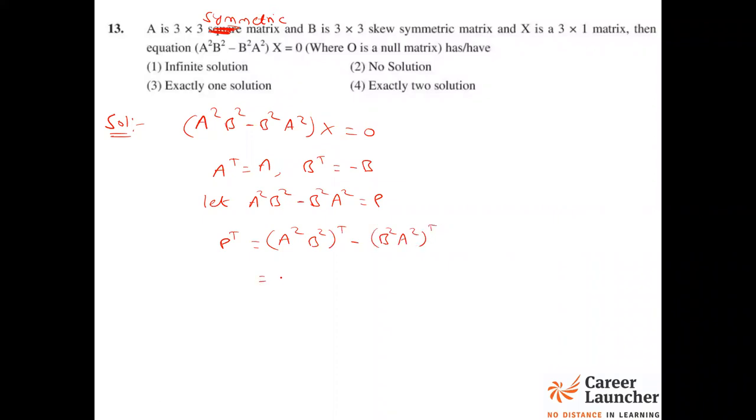Simplifying this term, AB whole transpose will become B transpose times A transpose, minus A square transpose times B square transpose. If you simplify this term, B transpose is minus B, whole square will be same as B square, into A square minus A square into B square, which is equal to minus of P. So therefore, P is skew symmetric.